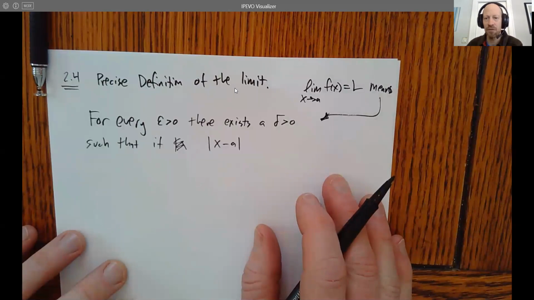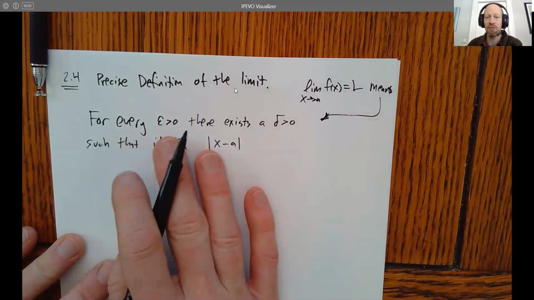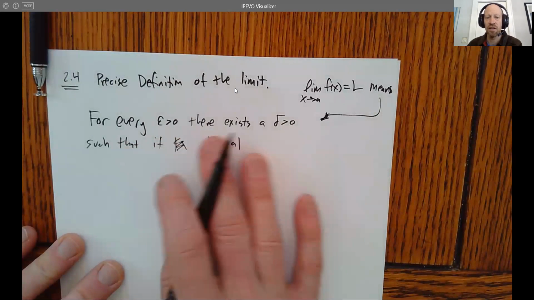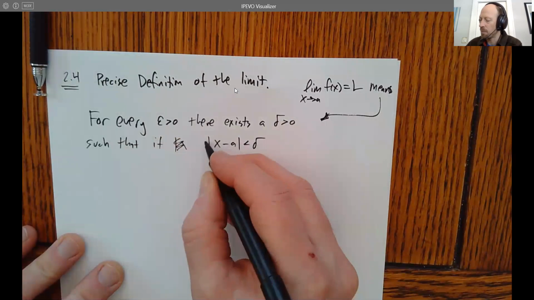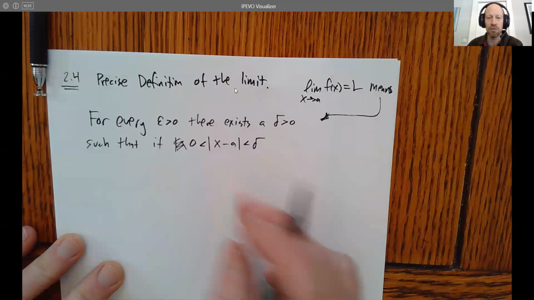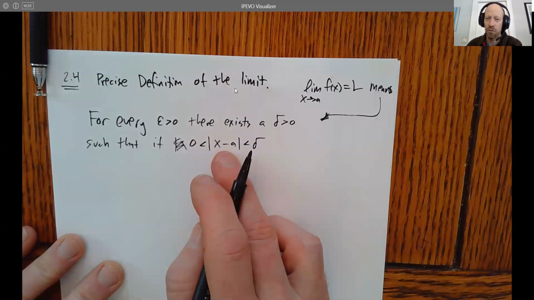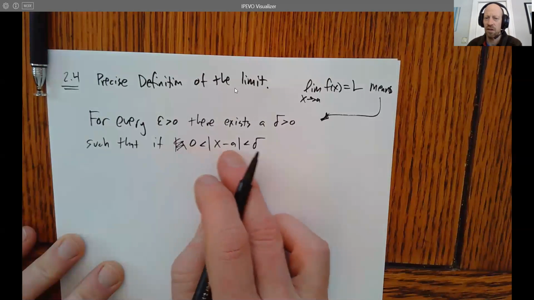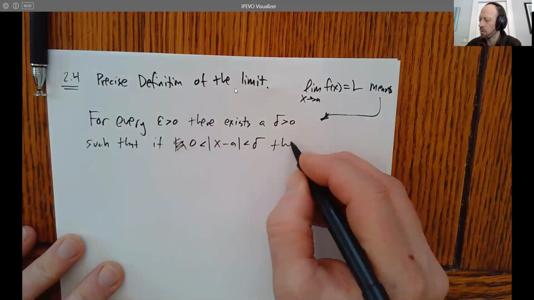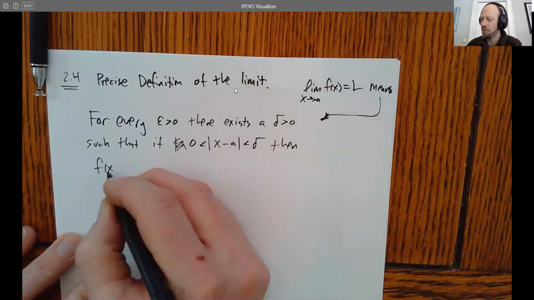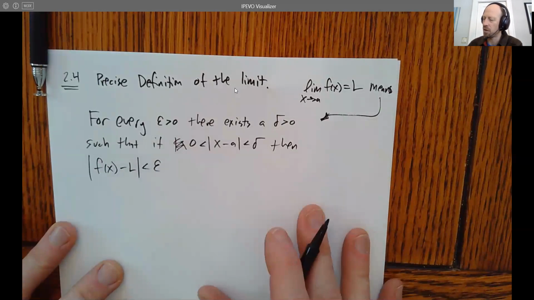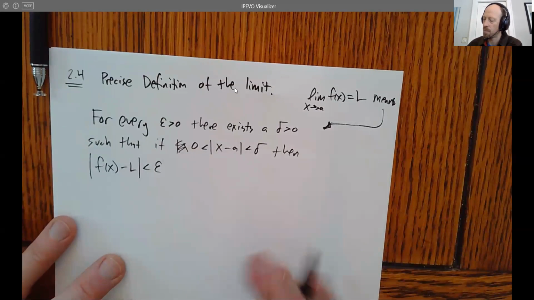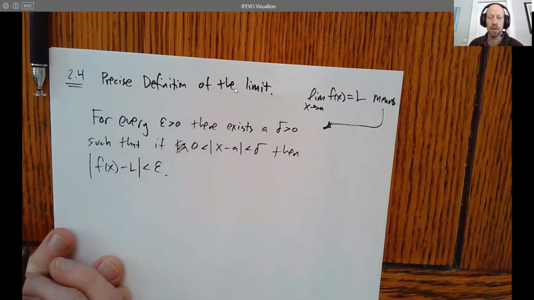So when we say the limit is a number, what we really mean is this: for every epsilon, there exists a delta such that if x minus a is less than delta but bigger than 0, the absolute value is distance, so we'll talk about this, so if this is true, then f of x minus L is less than epsilon.